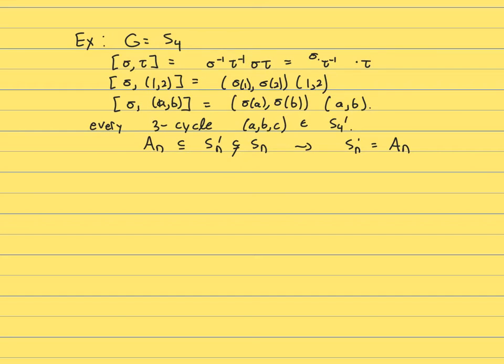And, well, how can you show that? Well, let's think carefully here. Why would that make sense? Well, again, what do these commutators look like? It's conjugates of inverse of a permutation. So you're taking 2 permutations of the same cycle type and multiplying them together. In particular, this commutator of sigma and tau is an even permutation.